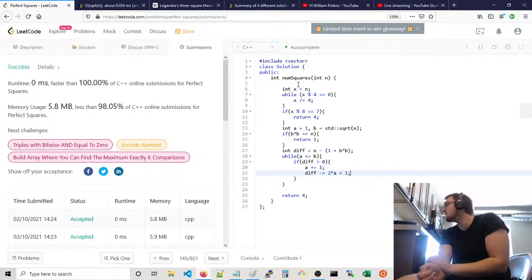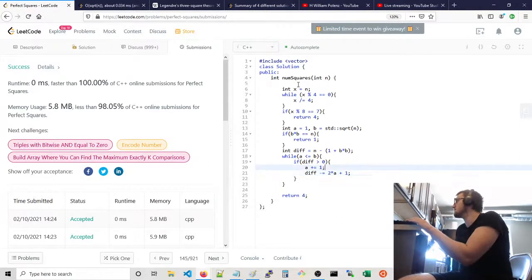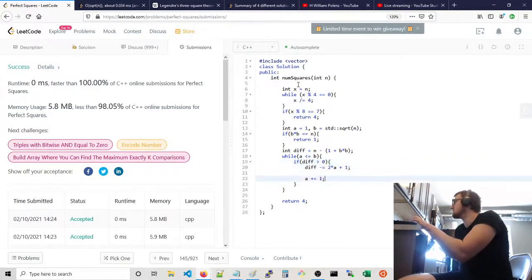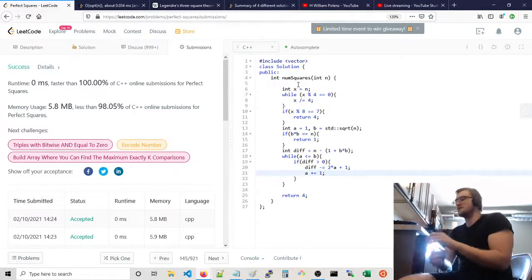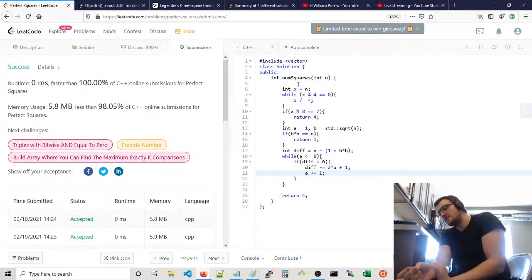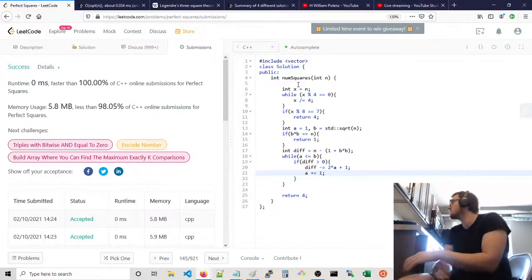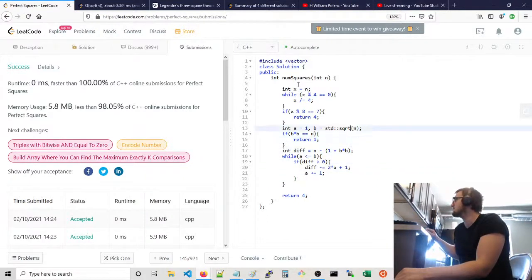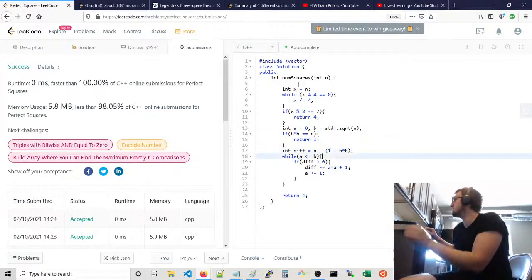Difference is still positive. Now you subtract 3, basically swap 1 squared with 2 squared. It's actually the other way around though, as you can see, because a really would be 0, wouldn't it? 0 corresponds to 1.